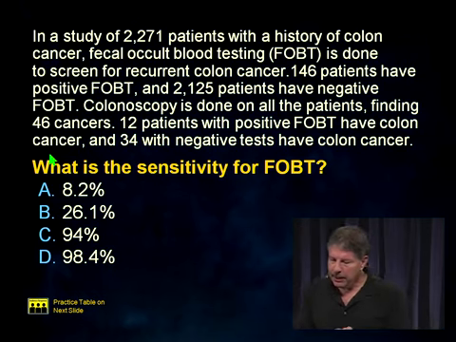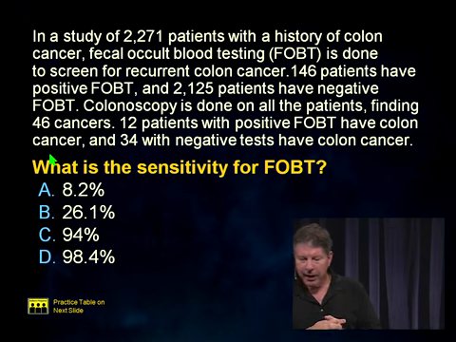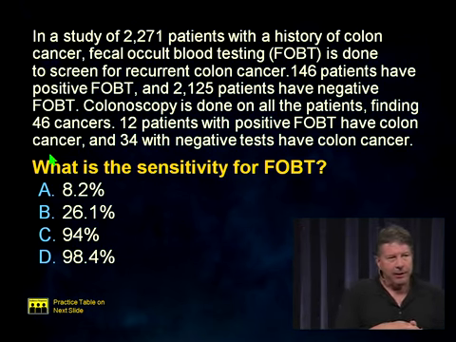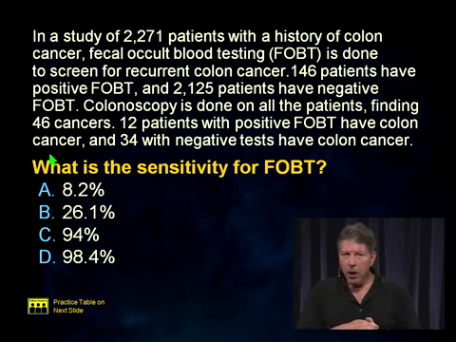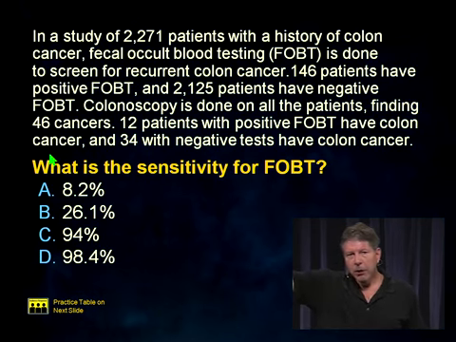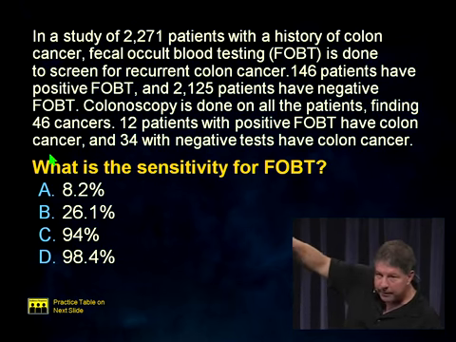All right, what's the next smallest number? 146, okay? So then it says 146 patients have a positive fecal occult blood test. Okay, what are they telling me? They're telling me the total of what? A row, right? The total of the top row. So out on the very end of that row, top row, you write 146 out to the side. Okay?